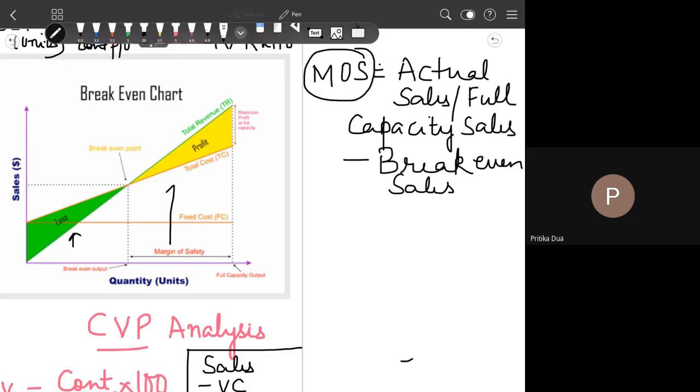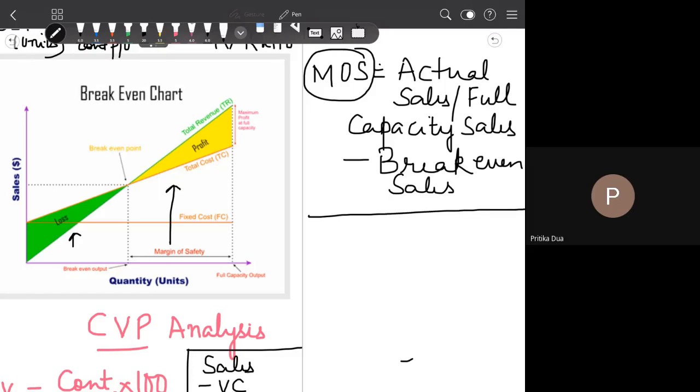So margin of safety is the actual sales minus the break even sales of the firm. I hope this is clear.